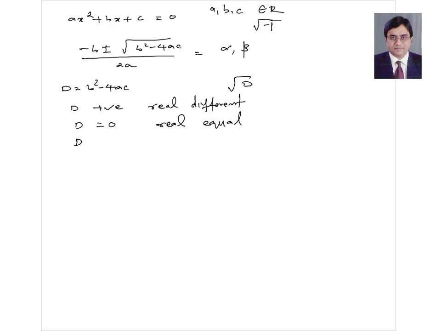When D is negative, then you are having something like root of minus 5. Imagine if some number is equal to root of minus 5. Square both sides, y square is equal to minus 5. How can the square of some number be equal to minus 5? We are talking about the real number line.